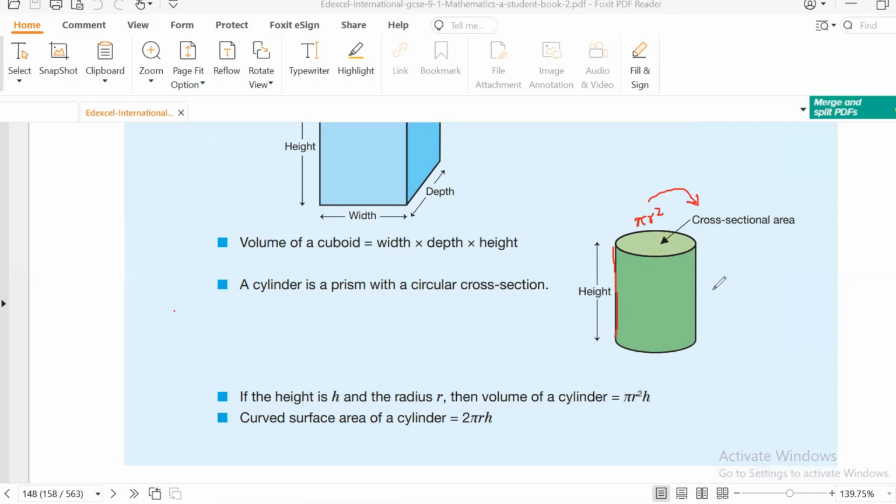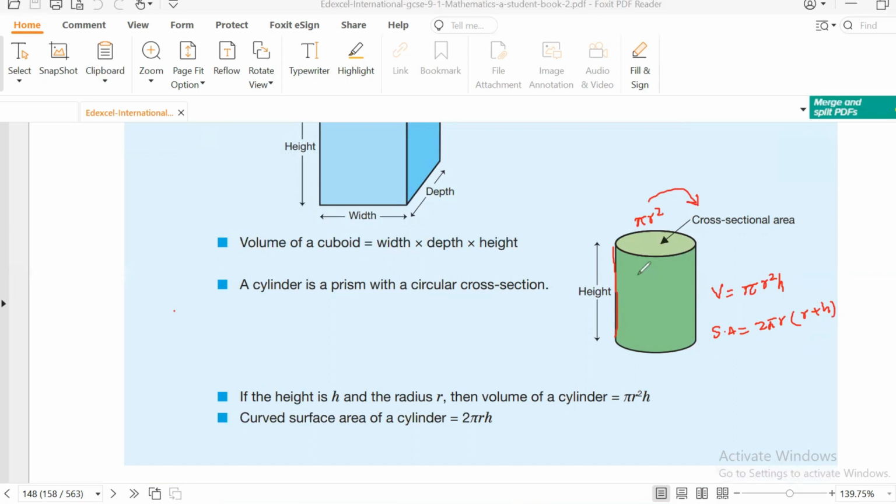Generally the volume of a cylinder is pi r squared h. If we find the surface area, the total surface area of a cylinder is 2 pi r (r plus h).